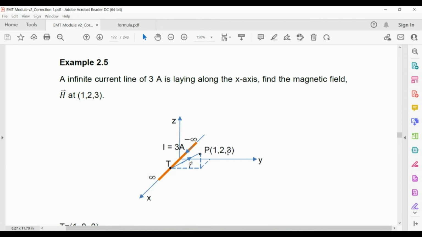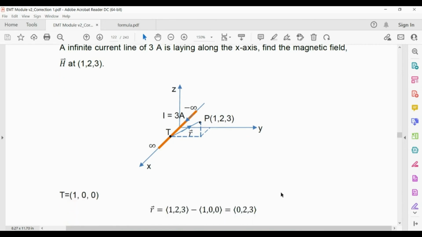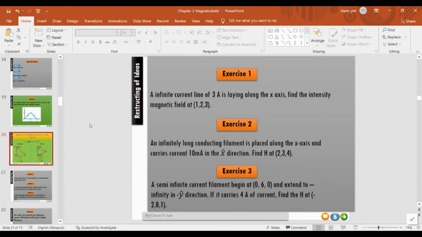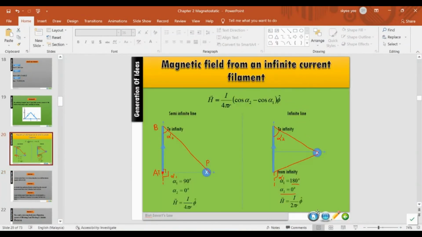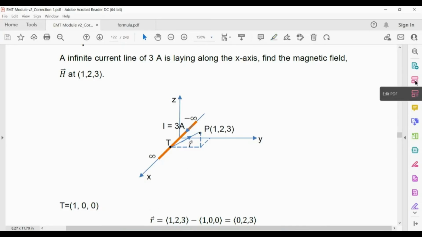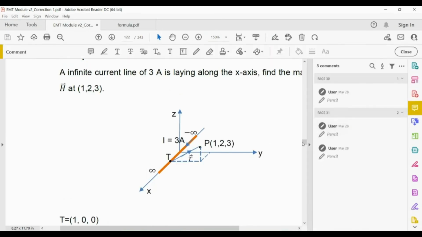What is the equation that you have to use? Because it is an infinite line, you have to use this one. The things that you have to find out are actually not much because you have eliminated alpha 1 and alpha 2. So let's see here.